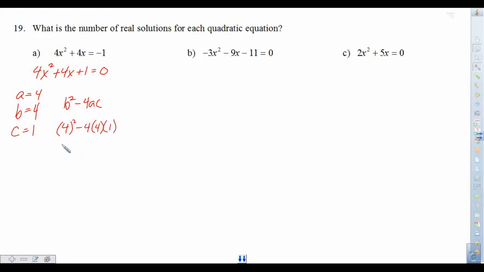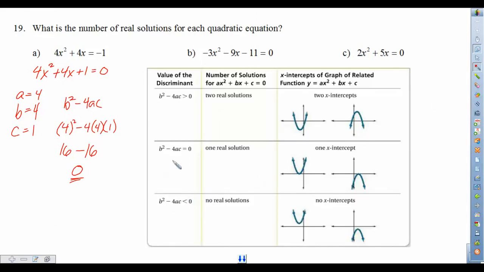When we do that, we end up with 16 minus 16, which gives us exactly 0. Okay? And so looking at our chart here, since the discriminant is 0, that means we have 1 real solution.